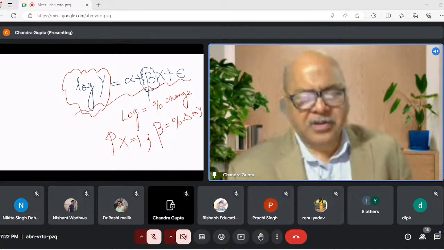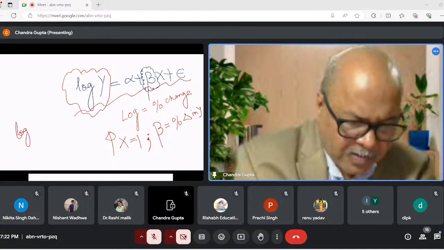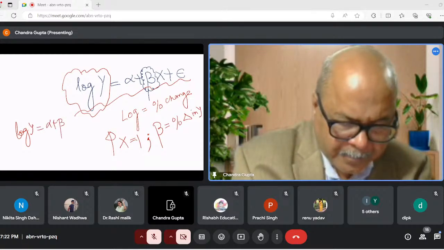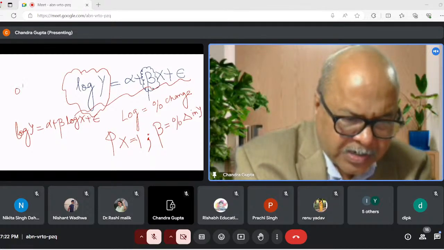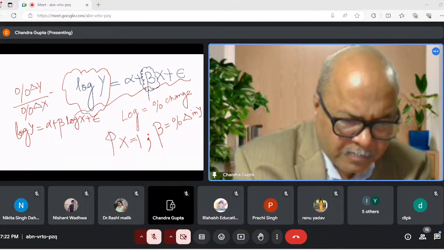That's how we interpret this. And if we take a log of x as well as log of y, then this will mean percentage change in y with respect to percentage change in x, that equals beta.